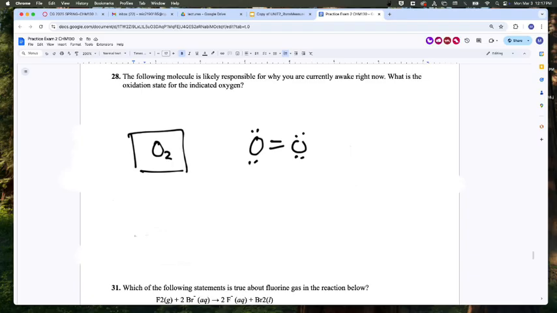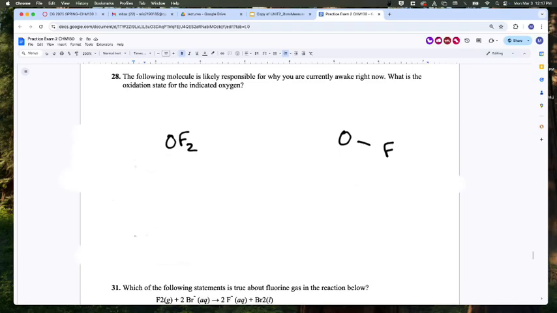Okay. The really sketchy exception. How about OF2? What's the oxidation state for the oxygen there? There's an advanced question. Real close.